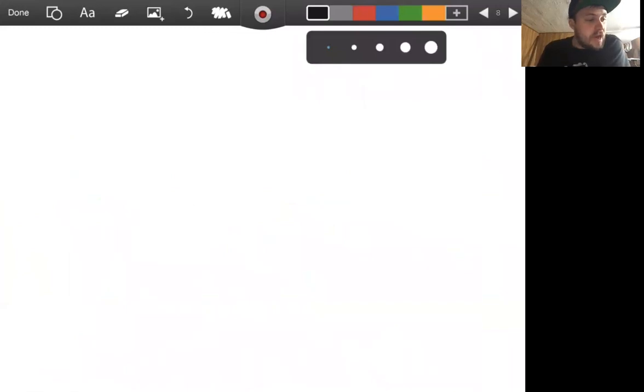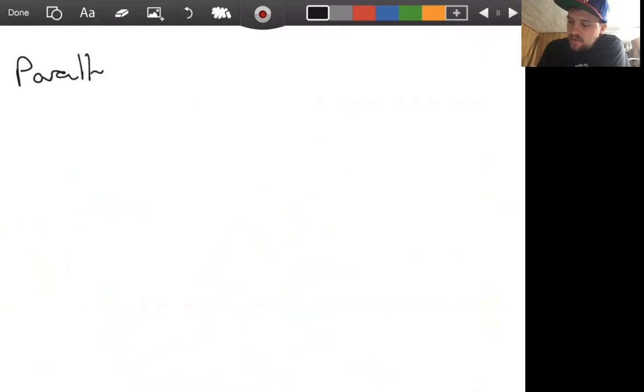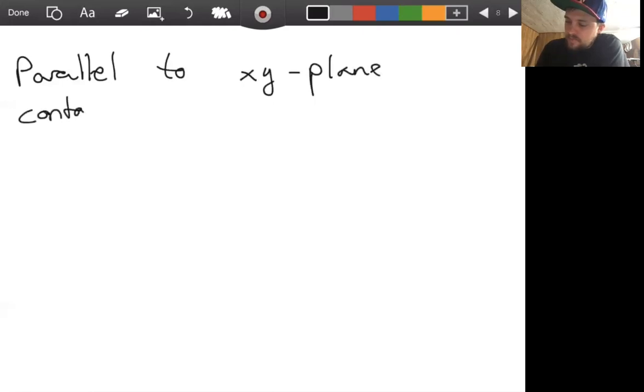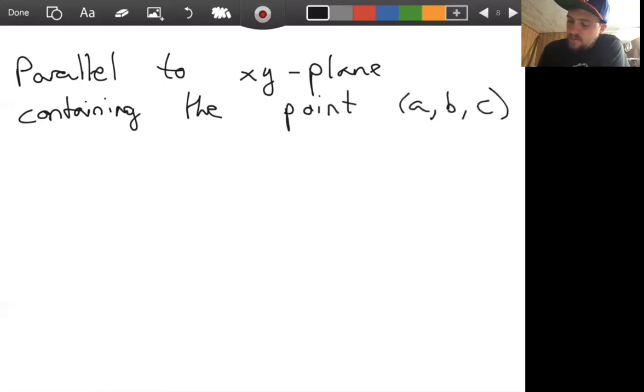So if we have a plane parallel to the XY plane containing the point ABC, this is expressed as simply Z equals C. And what does that mean?